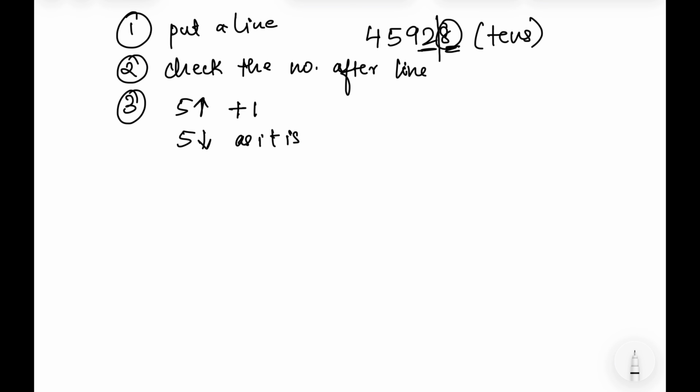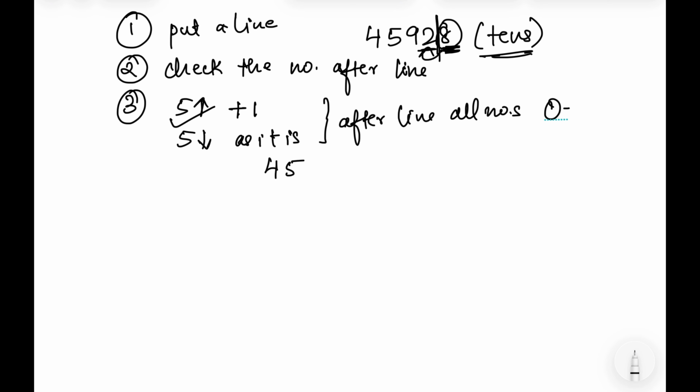Here, after the line the number is 8, which is obviously more than 5, right? So we will add 1 to the previous number. And what will happen to the number after the line? Always remember, after the line all the numbers become 0. So when rounded off to the nearest tens, this will become 45,930.